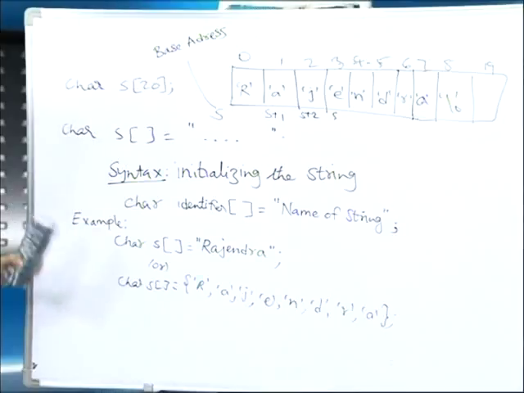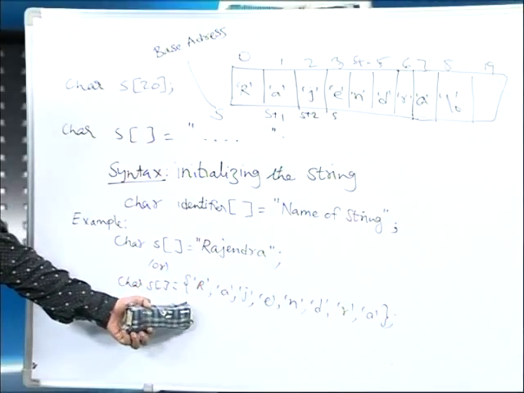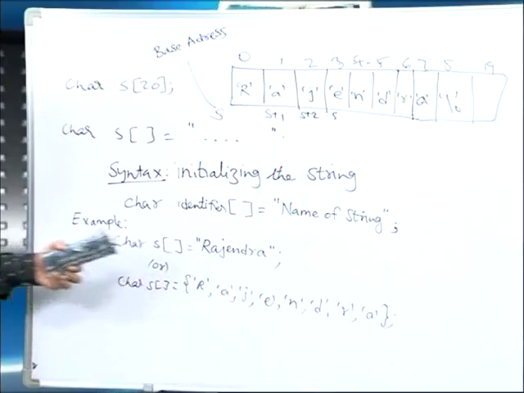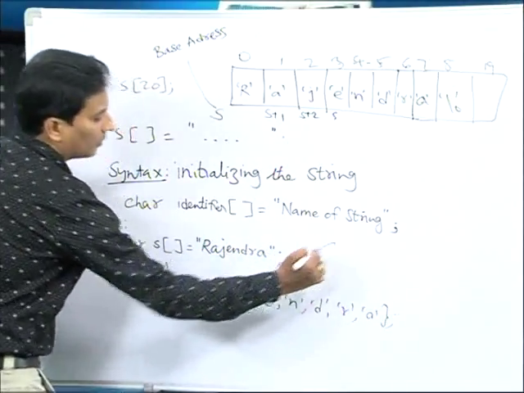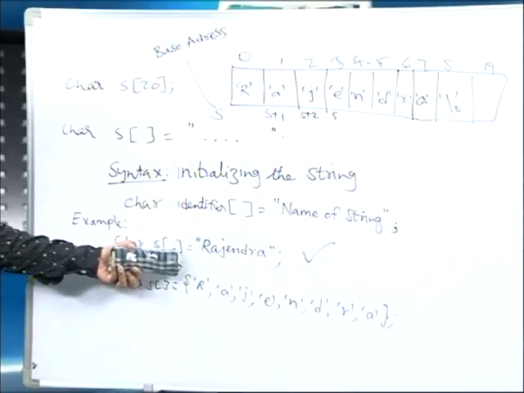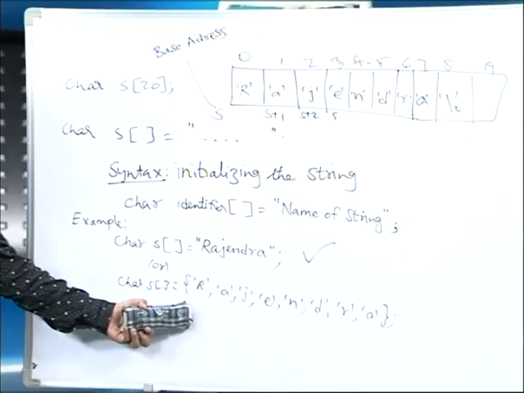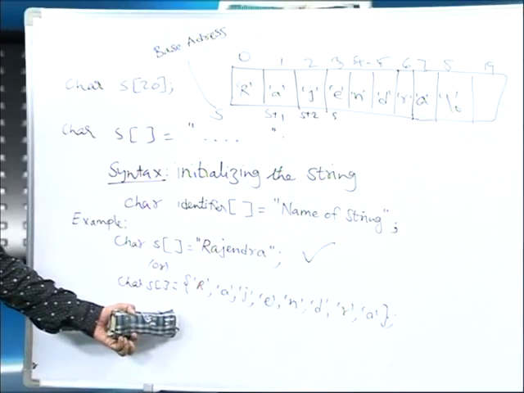But this is a lengthy process, so the earlier way is recommended. You can give either like this, or a single character representation can also be given.